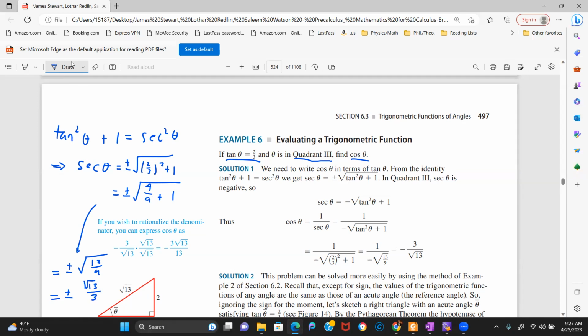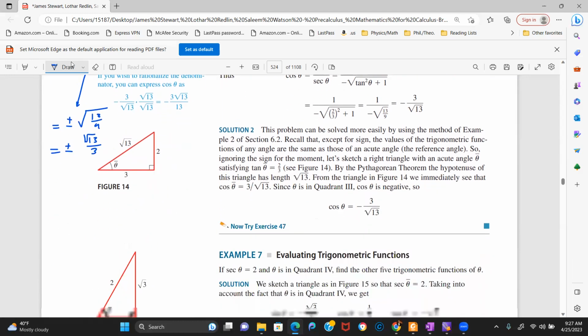Now, in the third quadrant, secant is negative. So secant theta is negative in the third quadrant. So that implies that we want to take the negative root.